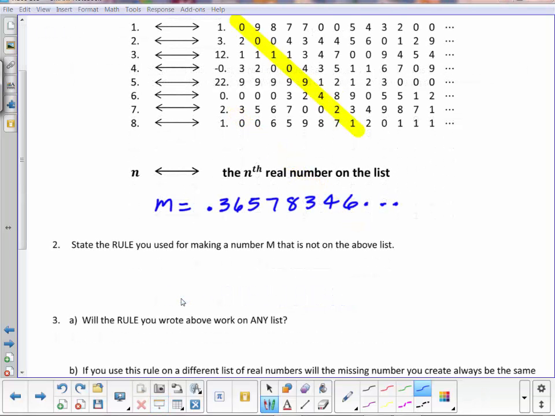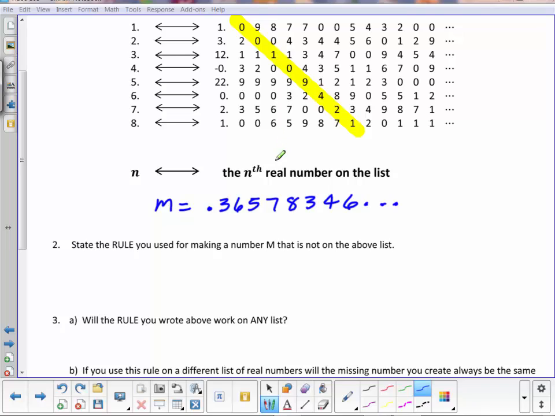In question 2, you are asked to state the rule you will use for making the number M that is not on the above list. Before I state the actual rule using the letter N to represent any particular number, let me give a couple of examples. If you look at our diagonal, the number that is listed third, we would go to its third position, and where the 1 is, we would change it to a different number.